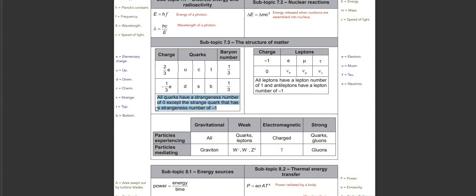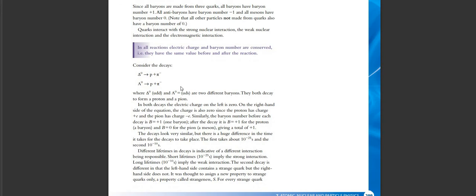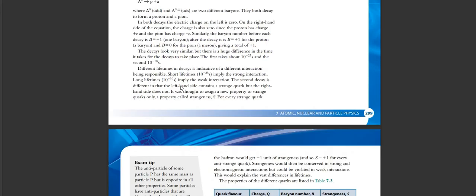And that's the note about the strangeness. So just remember, whenever you have interactions involving quarks, like this interaction over here, all you need to do is make sure that the baryon number, the charge, and the strangeness are balanced on both sides. And that's all there is to this.